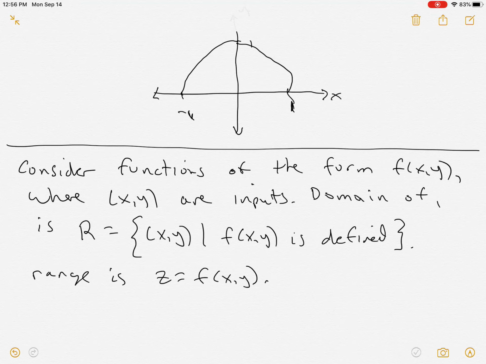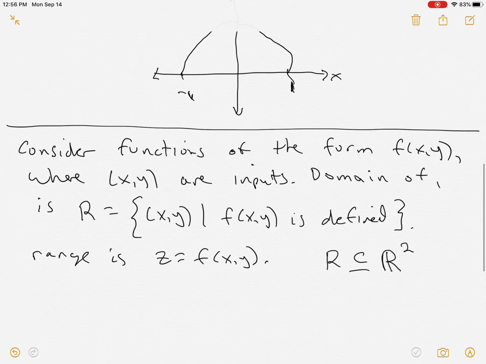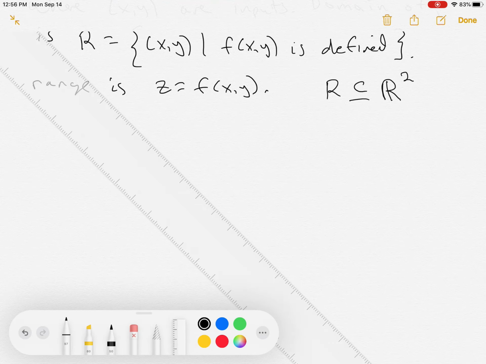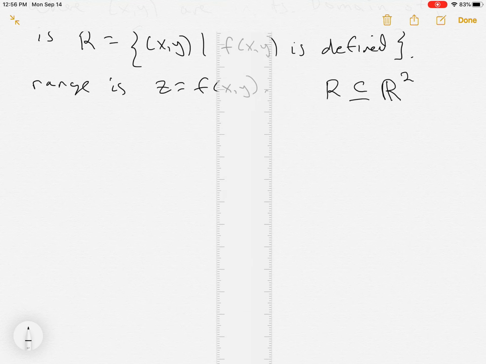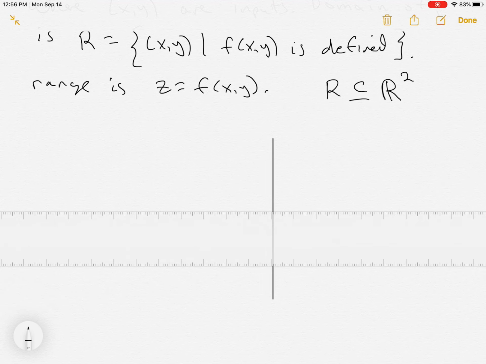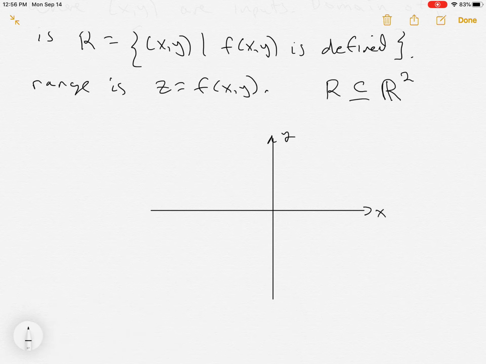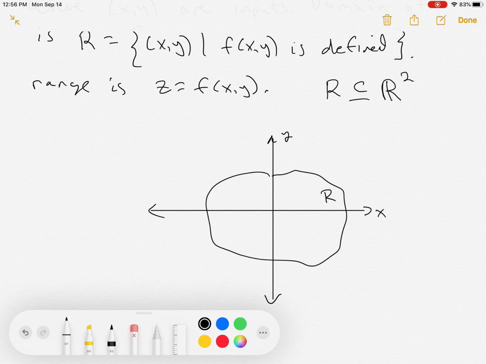Okay. So note that R, this region R, is a subset of R2, right? So if we put some nice pretty axes here and called this X and called that Y, then this R could be my domain.